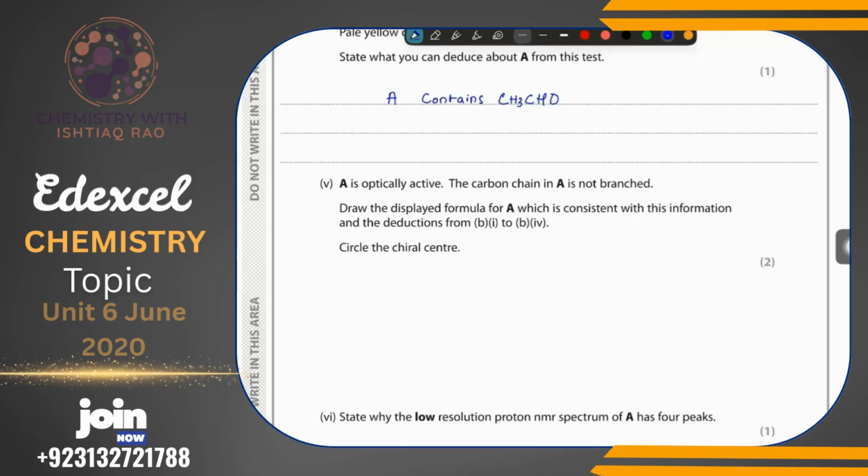So if it is a methyl ketone, first we draw that. One, two, three, four, there are four carbons.